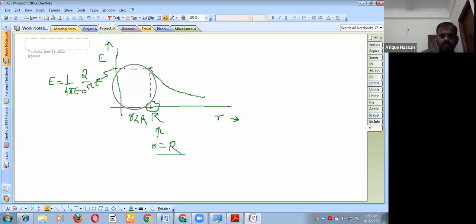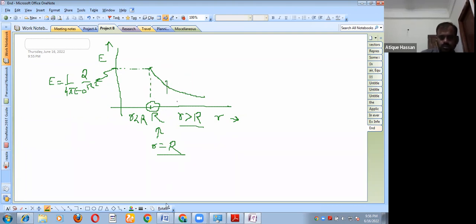On the surface, the value of electric field is 1 by 4 pi epsilon naught Q by R square. And this region represents r greater than R, the outside region.